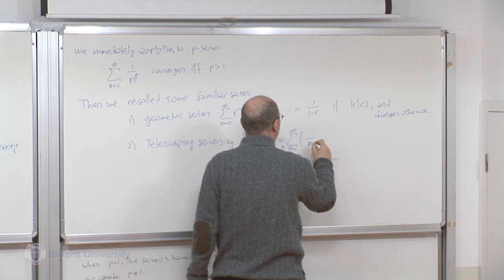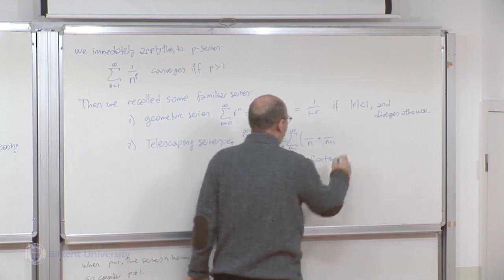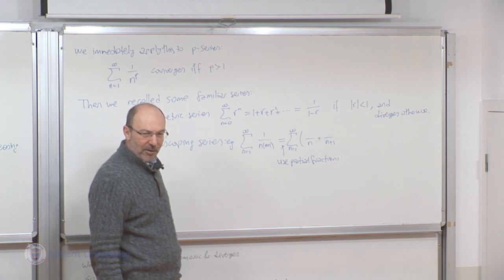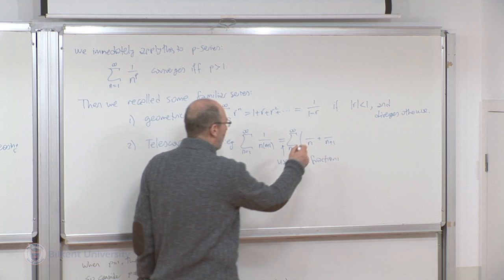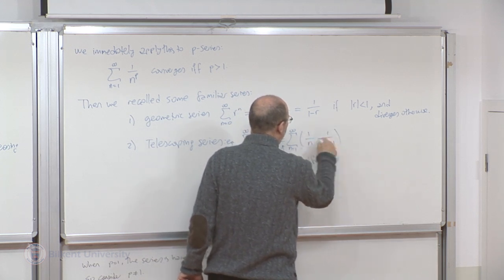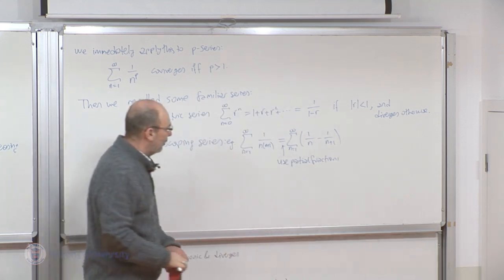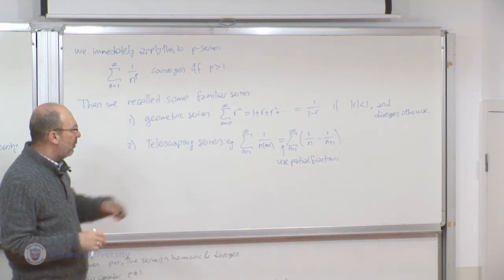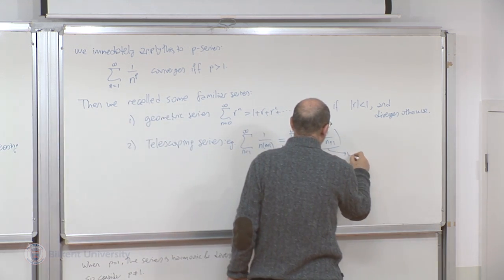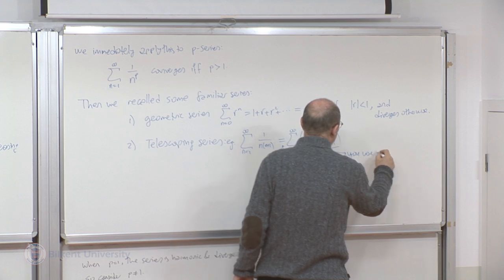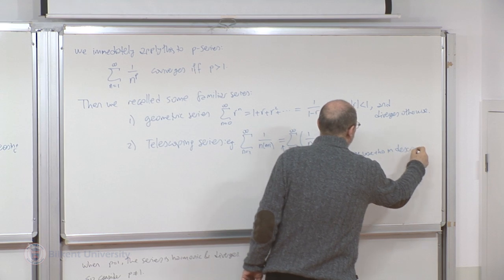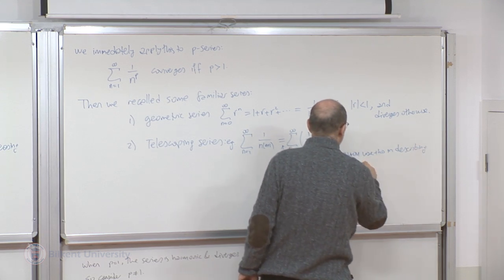How do you do the partial fraction of this? 1 over n minus 1 over n plus 1. So the n's go, and we have this one. Okay. Now, when you add up these things, you use this in describing the sequence of partial sums.